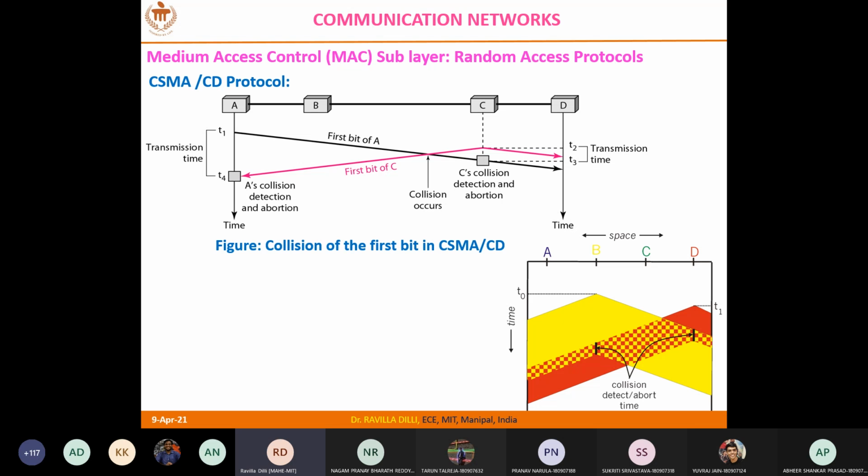So just before that time, when D senses the channel, it looks idle. So D also started its transmission, but immediately the first bit of A came, and D realized about its collision, because it is listen while talking. That is the concept.